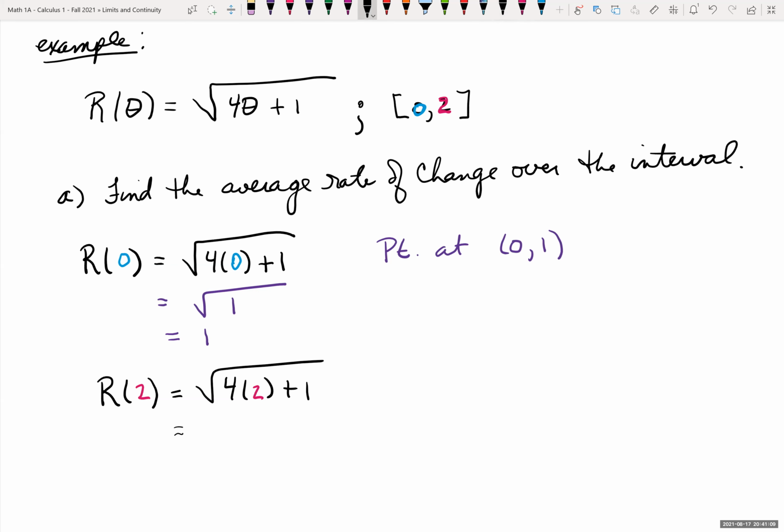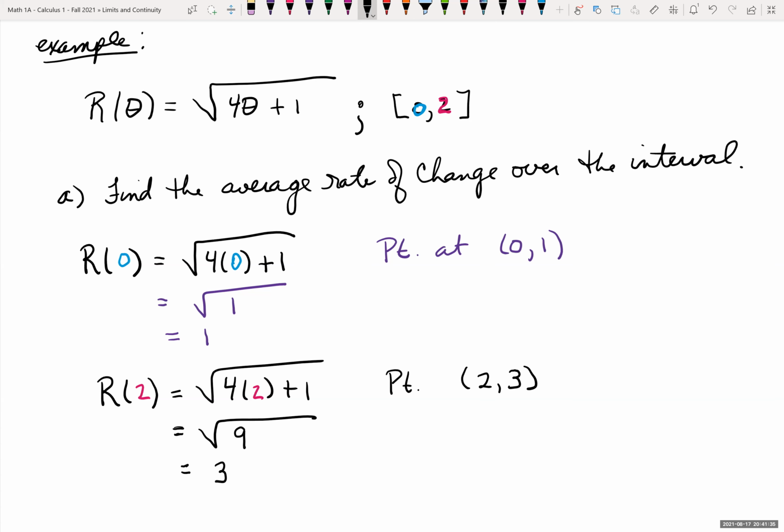That's like a parentheses underneath there. Multiplication comes before addition. So 4 times 2 is 8. Then plus that 1 is 9. So I have the square root of 9, and the square root of 9 I know is 3. So I know I have a point on the graph at 2, 3.